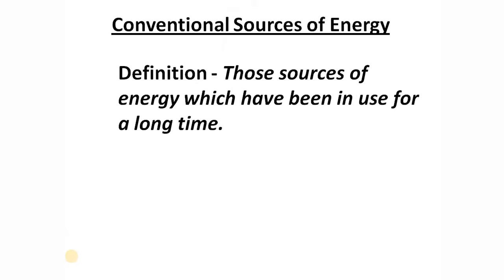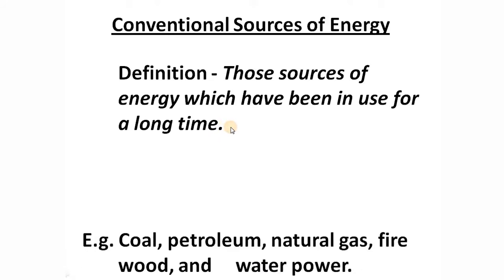non-conventional sources. People technically define conventional sources of energy as those sources which have been in use for a long time. This is the technical definition: the energy sources which have been in long use, for so many years, they have been with us. Such sources are called conventional sources.